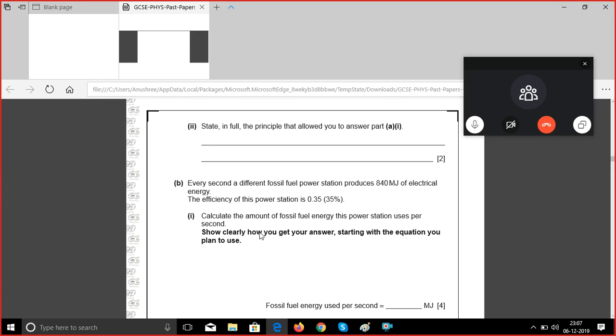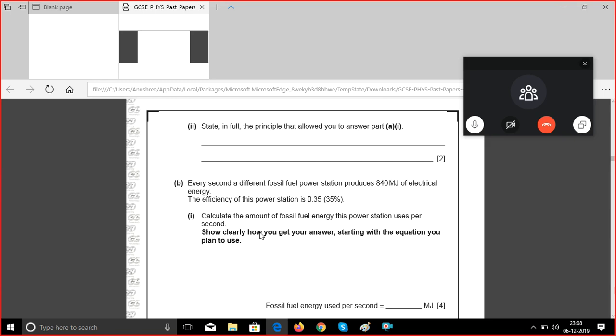Which principle or law do you know related with energy? A law that you have studied in the chapter on energy. What's the important law when we study energy, types of energy, or transfer of energy?